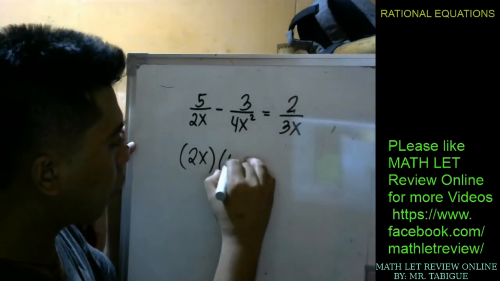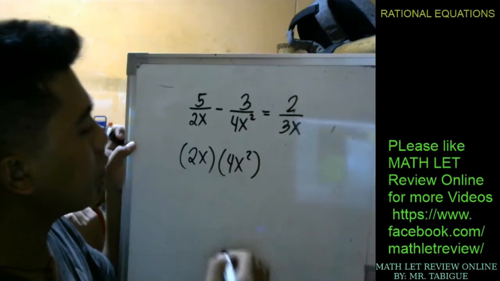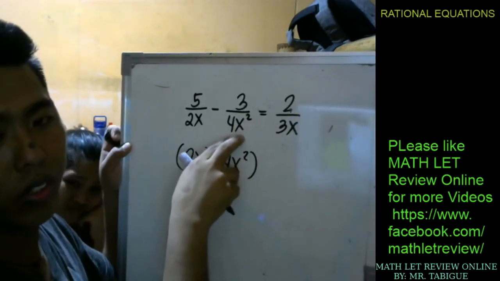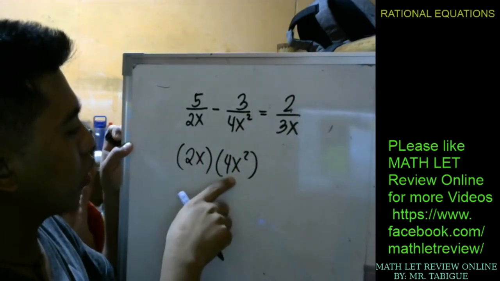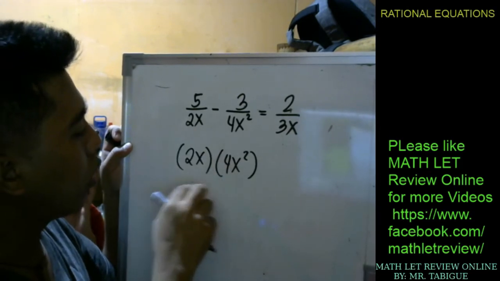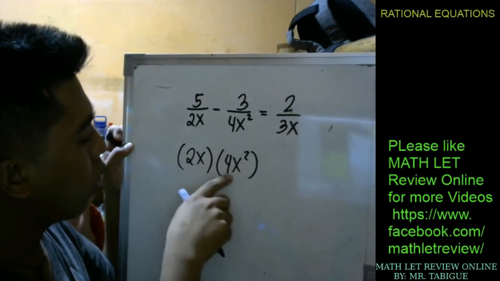If I put 4x squared here, that will suffice, then I check. 4x squared divided by 2x gives 2x.